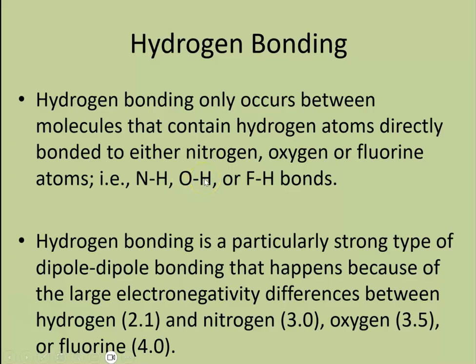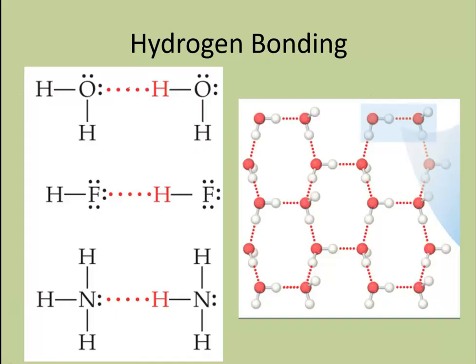And then it will go and find a nitrogen or an oxygen or a fluorine on an adjacent molecule and stick to it because that nitrogen or oxygen or fluorine is very negative. And so it's going to want to stick to hydrogen atoms from a neighboring molecule. I got some pictures of this, so it'll make a little more sense in just a second. But you can see that these are all very polar bonds, and so that is what allows them to engage in hydrogen bonding. So let's look at some pictures.